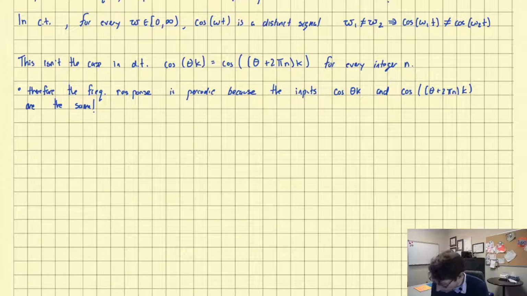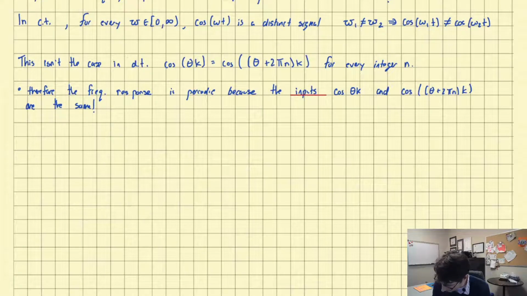Okay, so if you're applying the same input, of course you're going to get the same response. And that's where the periodicity comes from. So that's why in discrete time, you go around the circle, you get this periodic frequency response. In continuous time, you do not.